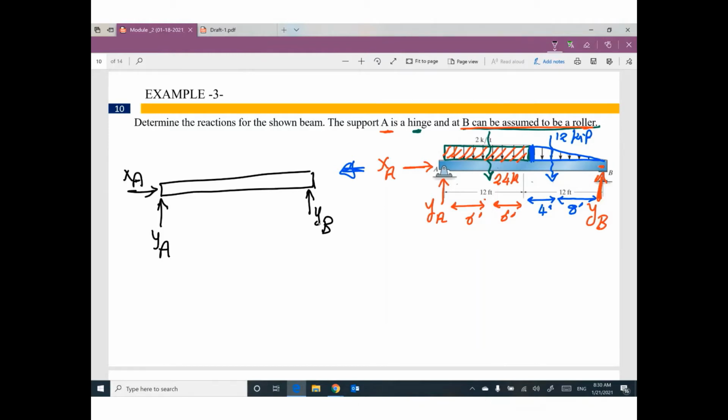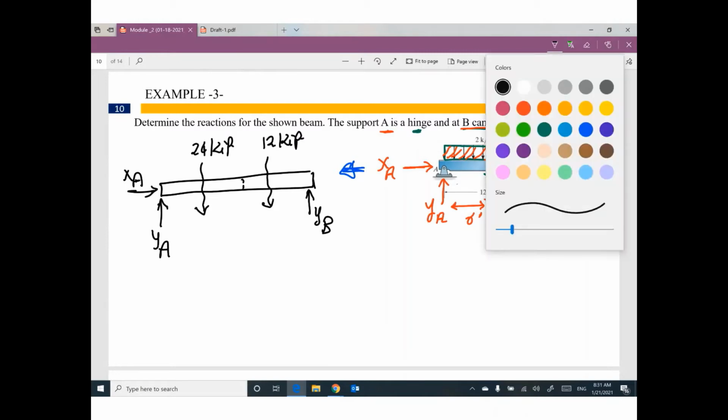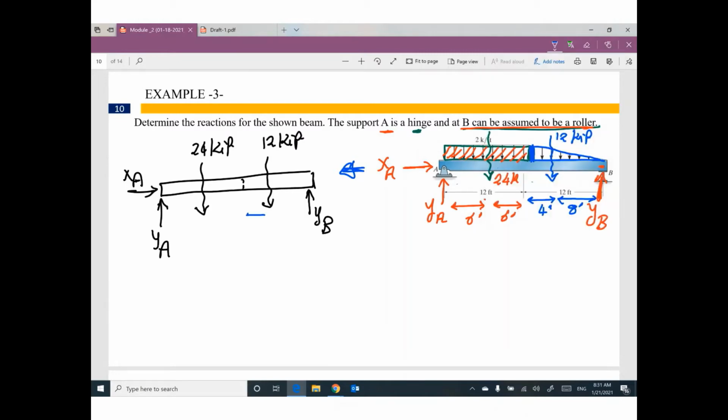For this part we have an equivalent force of 24 kip, and for this part we have 12 kip. This distance from this side is 4, from this side is 8. This distance from this side is 6. This side will be 6.